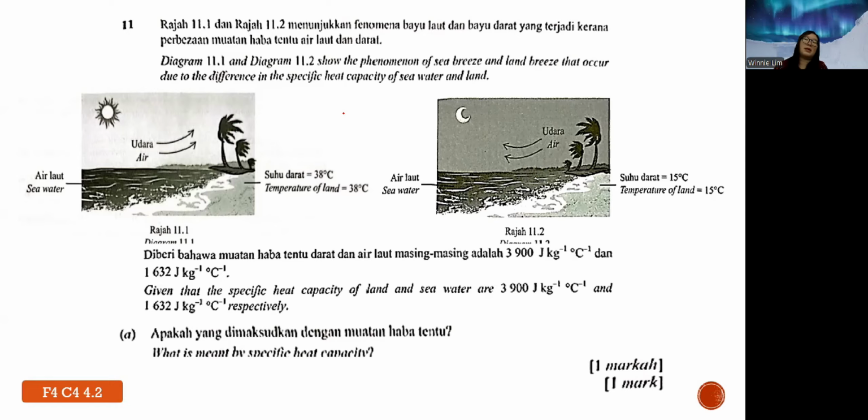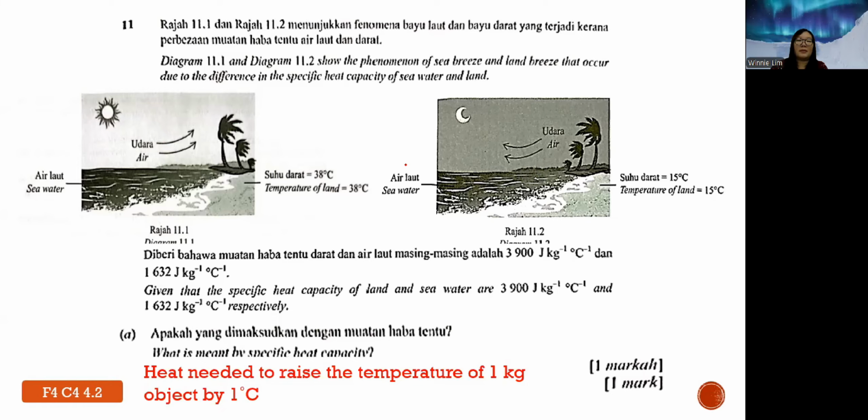Specific heat capacity is the heat needed to increase the temperature of 1 kg of a substance by 1 degree Celsius. Very short already, but the keywords are heat, temperature, 1 kg and 1 degree Celsius. If you use the wrong terms, you cannot get the marks.